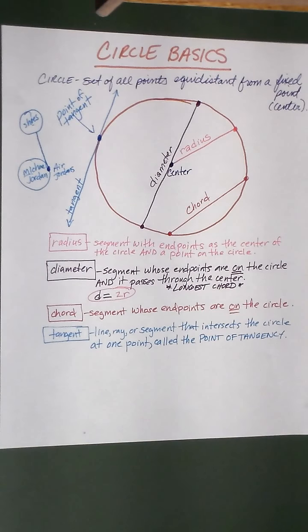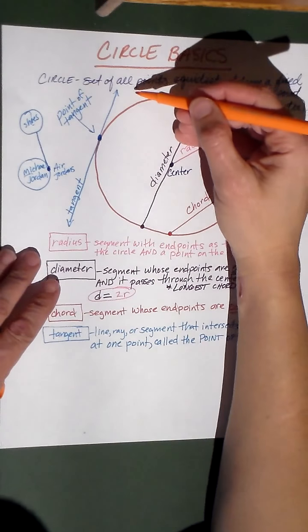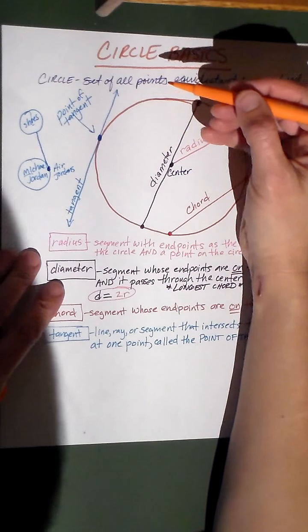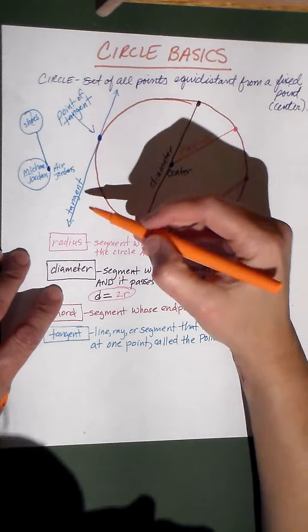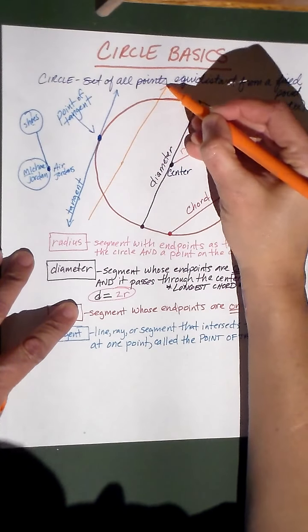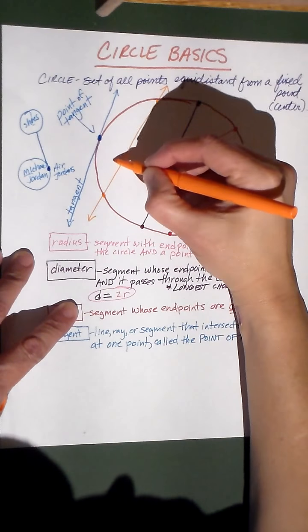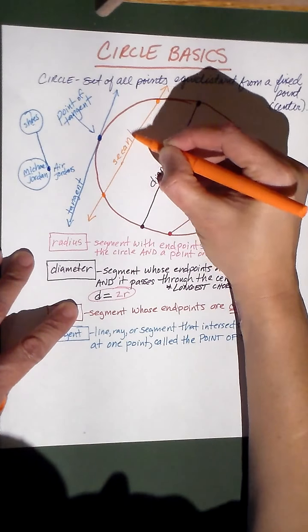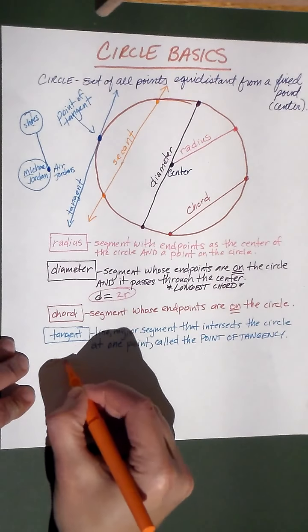So we've got one more special segment to talk about, or not especially special segment, but one more type of item that's associated with a circle, and that is the secant. So I'm going to draw a secant right here. This is the secant. Not secant, not second, it's a secant.